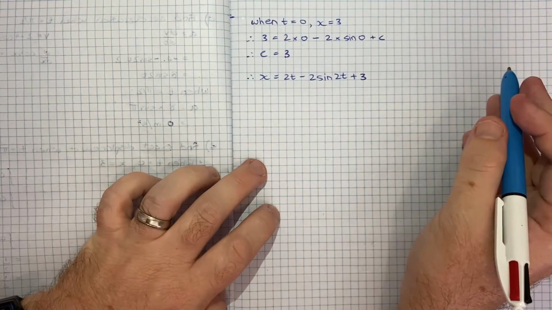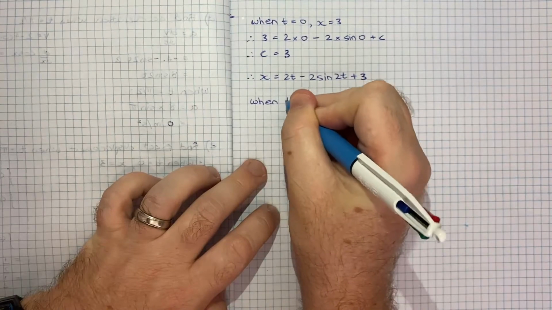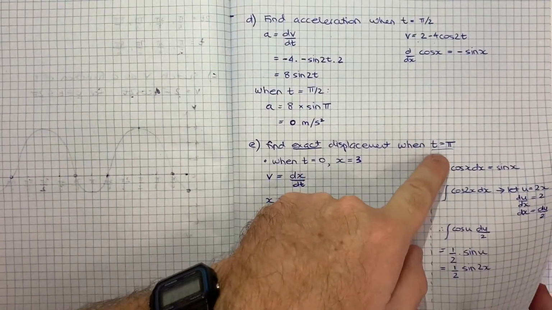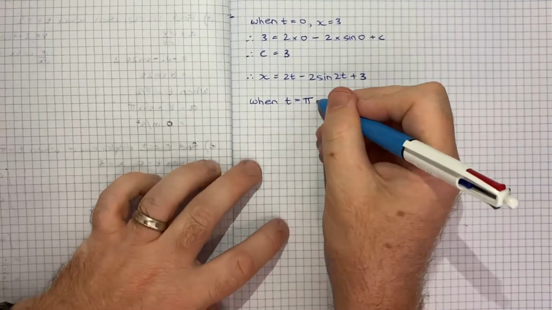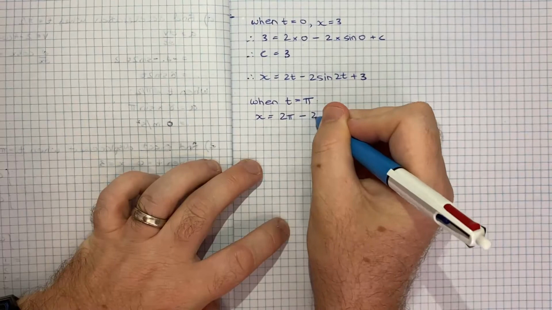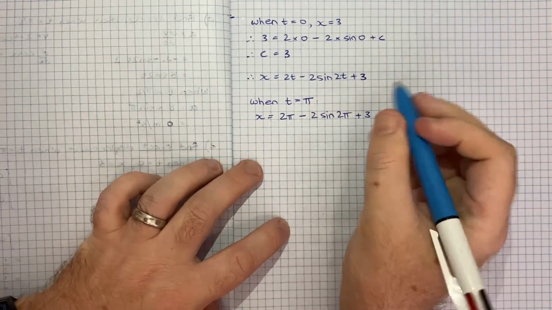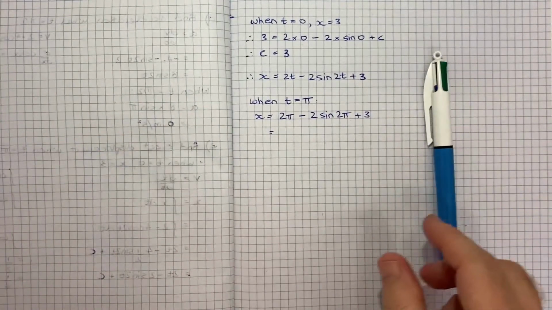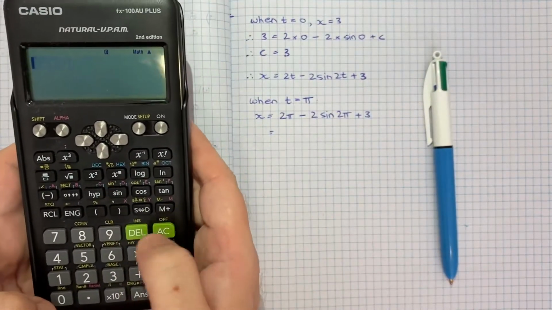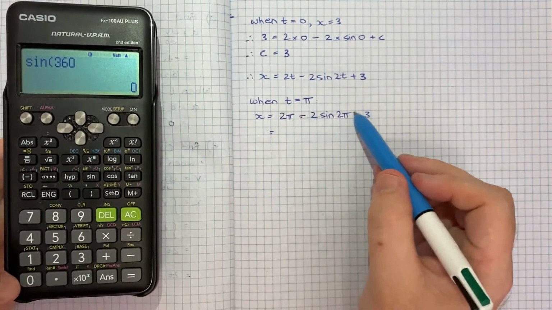Alright, so now what we can do is say when t is equal to pi, which is what we were concerned with, x is equal to 2 pi minus 2 sine 2 pi plus 3. Now, sine 2 pi, that's sine 360. 0 again, so that drops out.